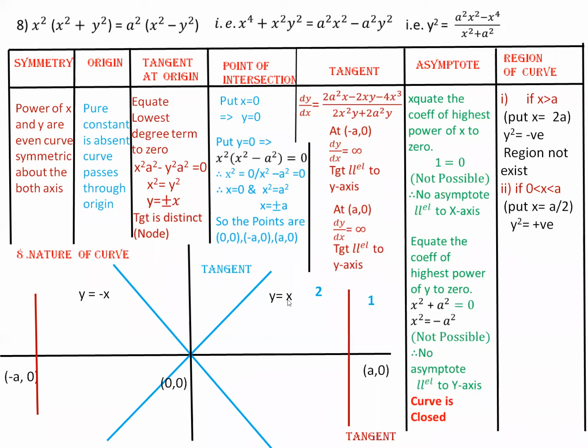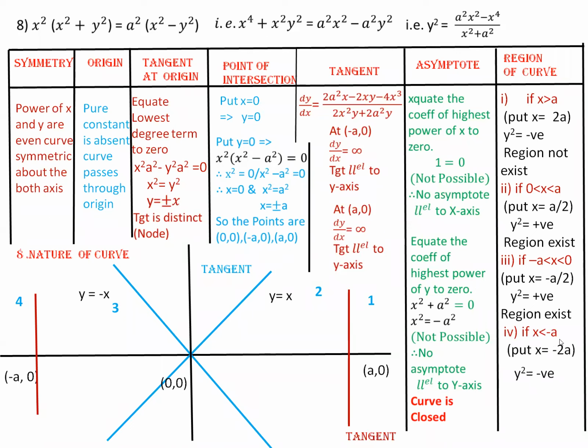If you are taking the value of x in between 0 and a, you will get y square positive. The next, if minus a is less than x is less than 0, then again we are not getting any curve beyond this minus a, meaning minus a is the end of that curve. So put x is equal to minus a by 2 in this equation, you are getting y square again positive.